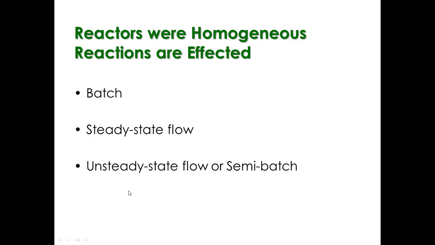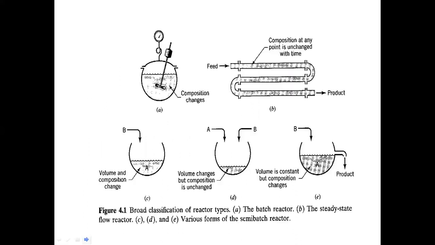But here in kinetics, we will not dwell so much on the semi-batch process. Our main focus is on the three ideal reactors: the batch, and the other two under steady state flow, your CSTR and your plug flow reactor, all of which can handle homogeneous systems, in which you only have a single phase all throughout the reaction.